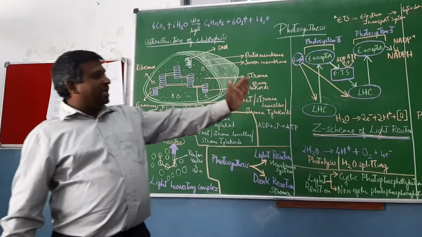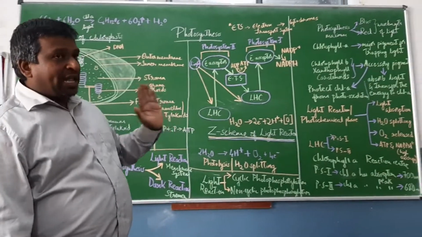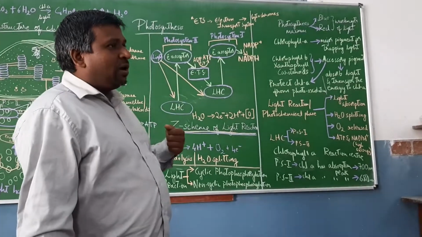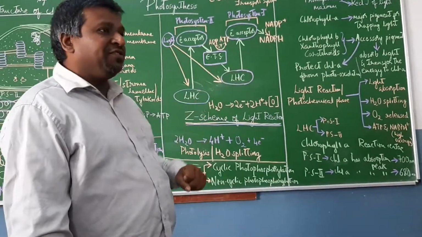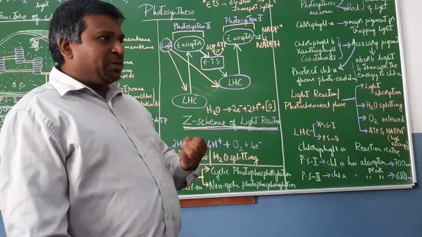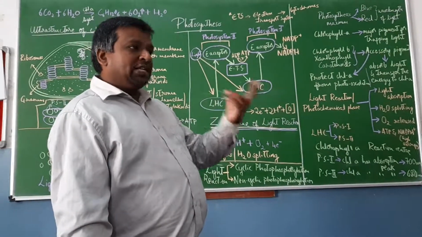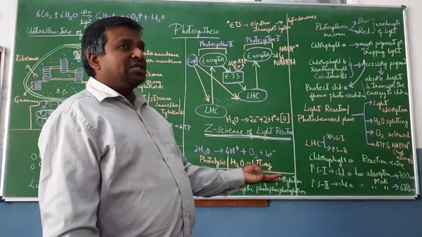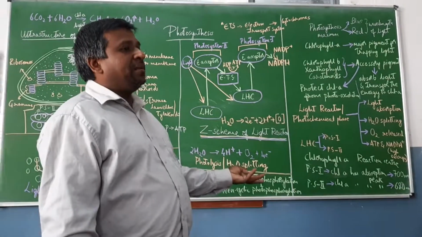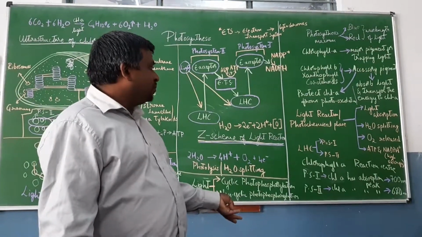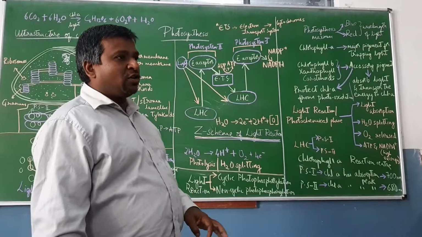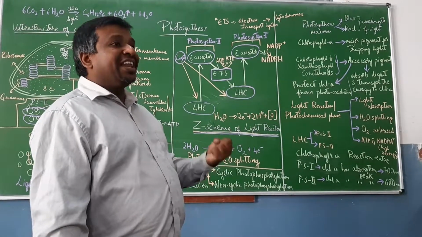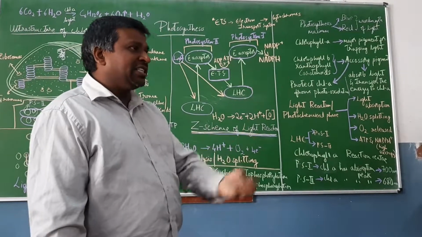So that is about the light reaction. What are the steps involved during the light reaction or photochemical phase? Light absorption, then water splitting, release of oxygen, formation of ATP and NADPH2. Very important. Now we also understood the reaction center, where maximum light is absorbed.